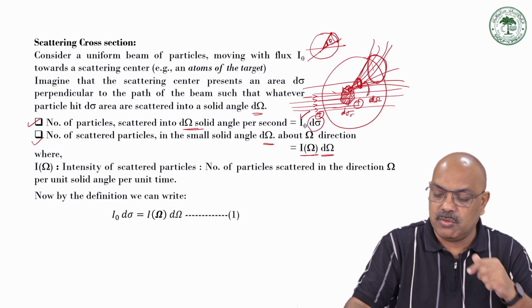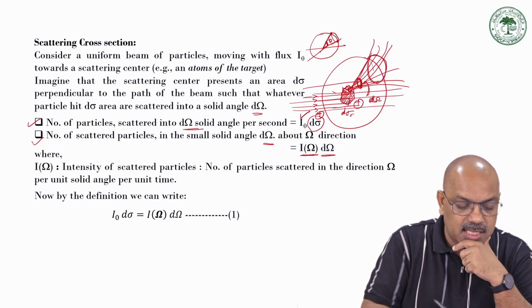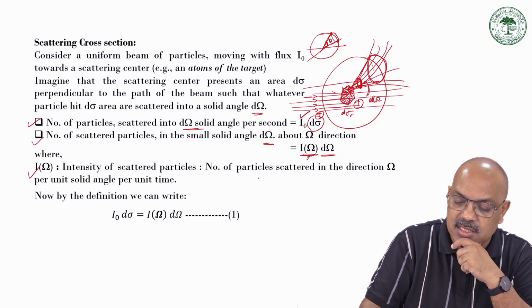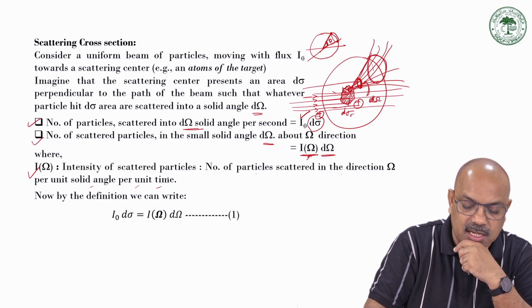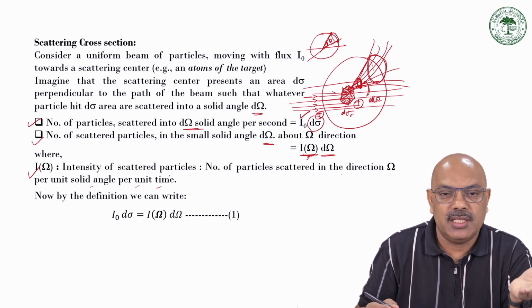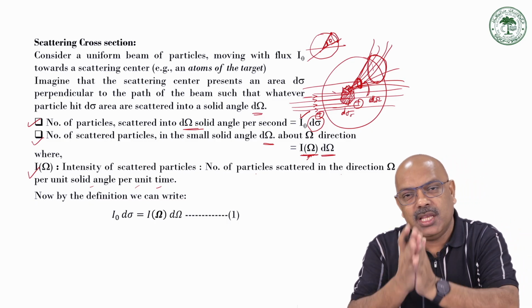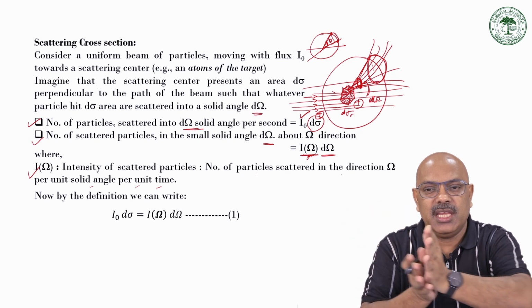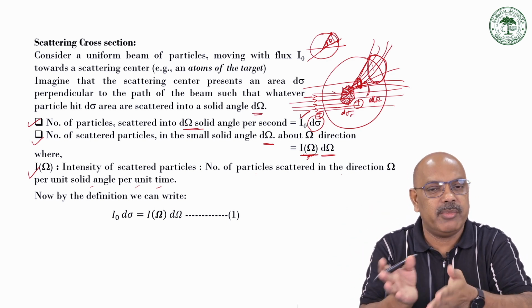Here I omega is the intensity of the scattered particles, that is, the number of particles scattered in that direction per unit solid angle per unit time. I naught is the incident flux per unit area per unit time. Now the scattering is through certain angles, so the area is now in terms of the angles.